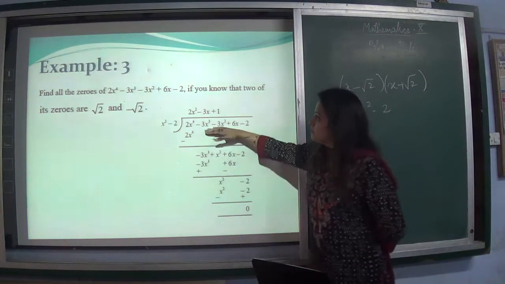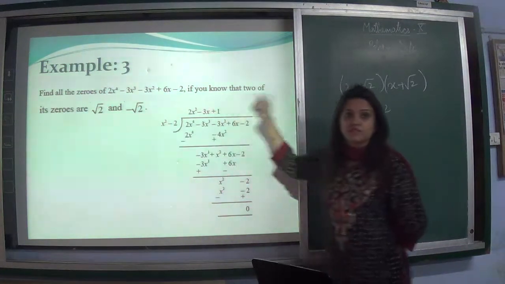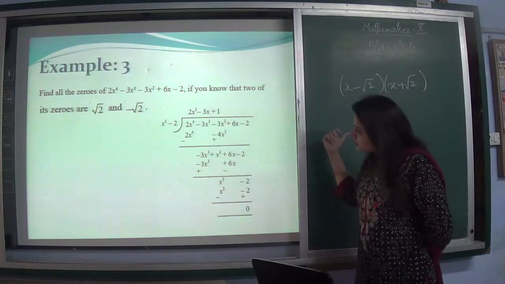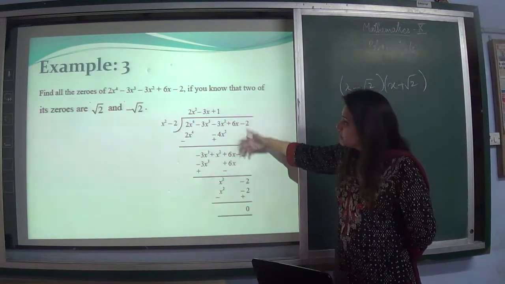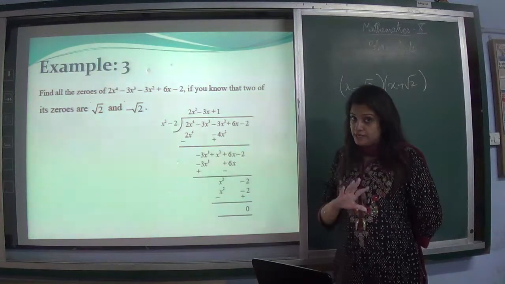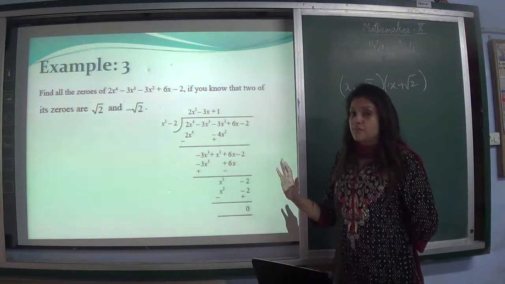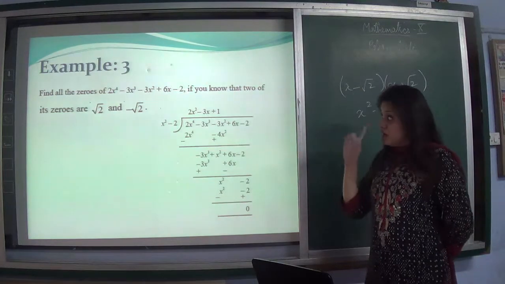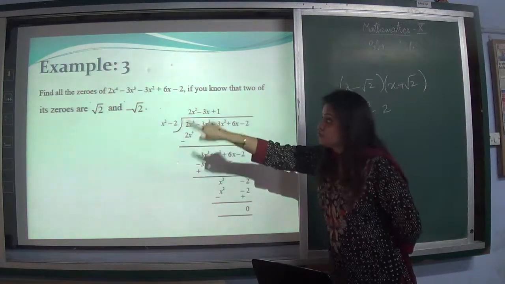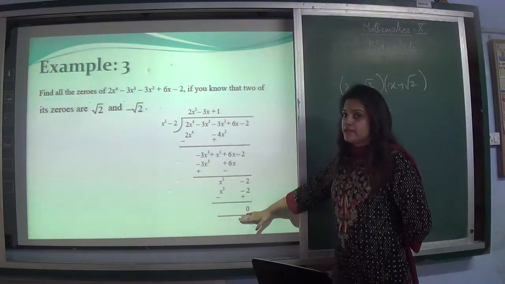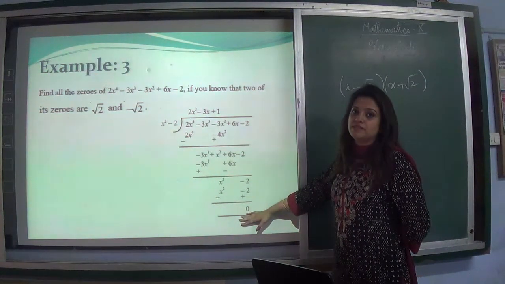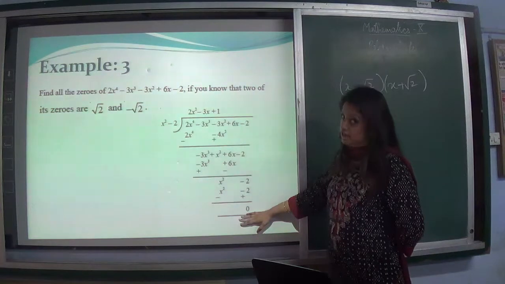So we divide the given polynomial by x squared minus 2, which we've just achieved, and when we solve using the same procedure, we get a quotient. Nothing difficult in this. But one thing to remember, if root 2 and minus root 2 are actually zeros, it's going to fully divide the polynomial, that is the remainder will be 0, and that's a check for you.